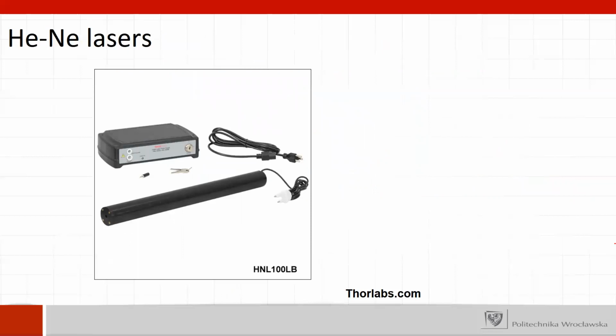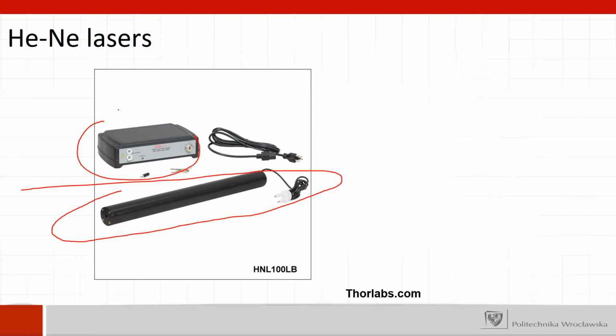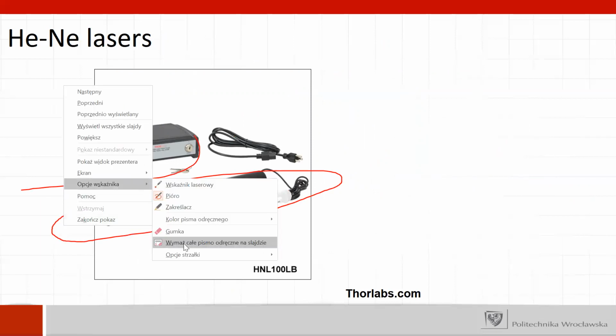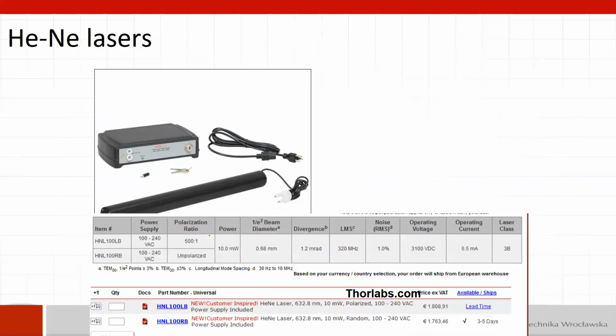Yeah, this picture shows just a typical helium neon laser. So you can see this kind of lasers in the laboratory. Just a tube with the plug and the power supply, right? Yeah, it costs.